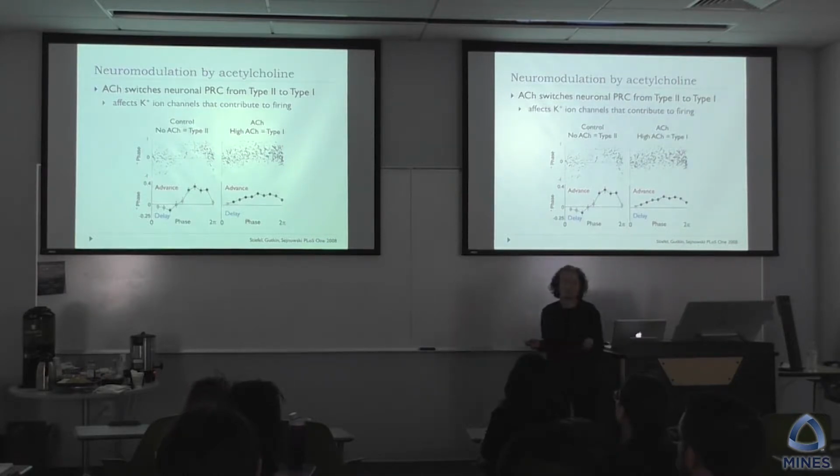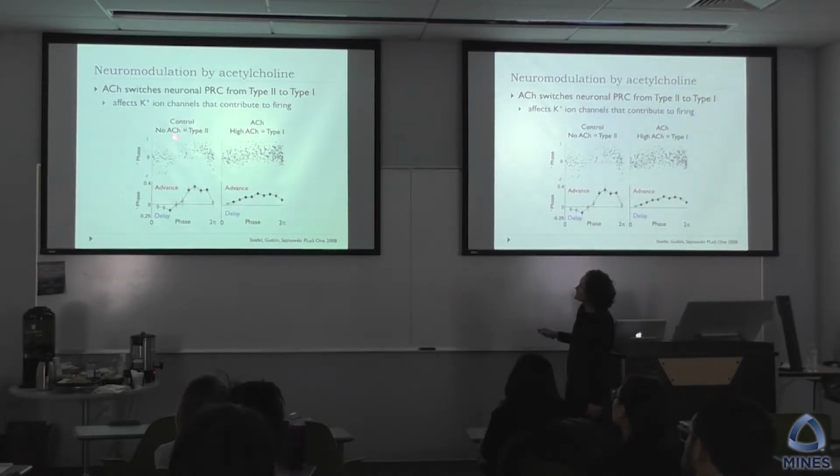These are really noisy, but it's hard to measure a phase response curve in an actual neuron. These are the results of many experiments where they deliver brief stimuli to repetitively firing neurons. They fit a line through it, and you generally see a difference between when there's no acetylcholine and when there is.